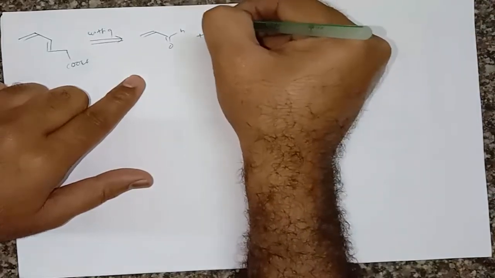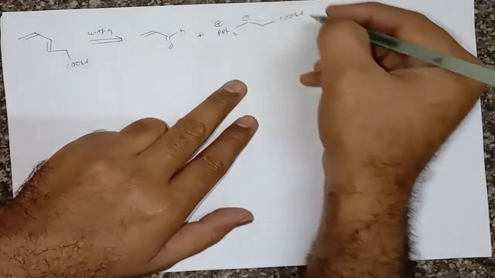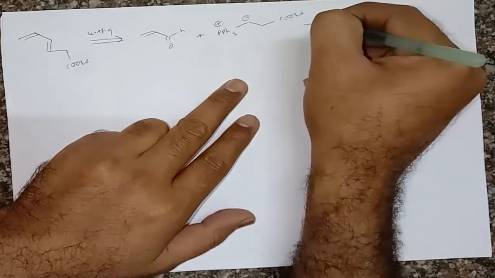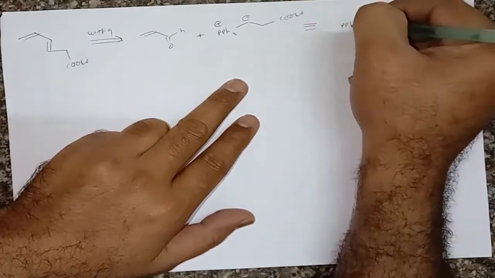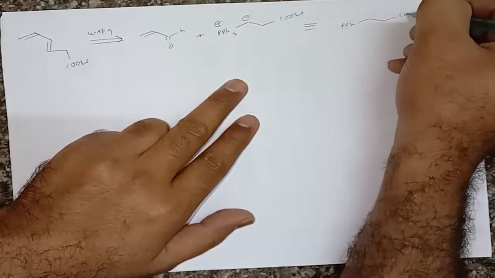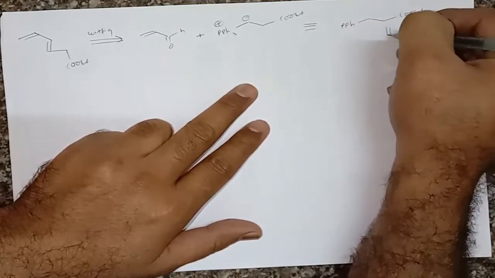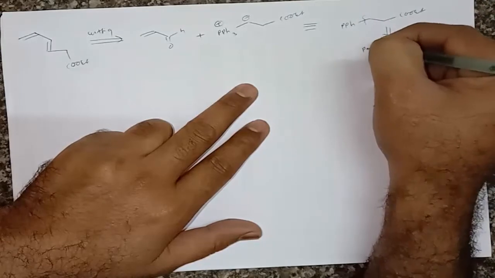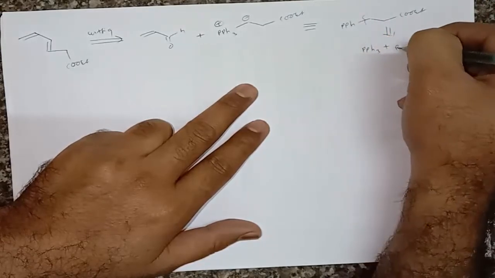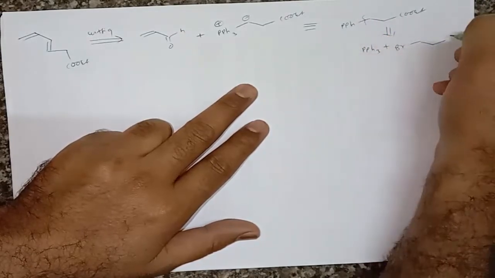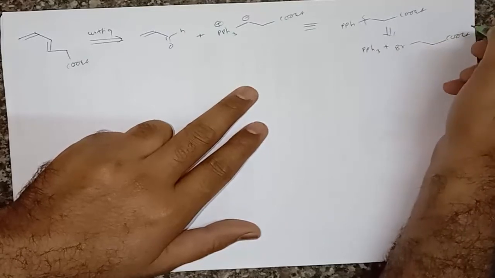Here is negative charge, here is positive charge, right? Its synthetic equivalent will be PPh3 CH2 CH2 COOEt, and it can be prepared by replacing this, it gives PPh3 plus Br CH2 CH2 COOEt here, right?